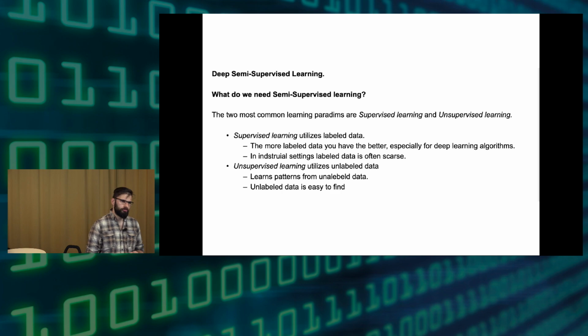But in industry, you might often find data sets with a lot of missing information and labels. And then we have unsupervised learning, which utilizes only unlabeled data to learn patterns. Most often unlabeled data is pretty easy to find.